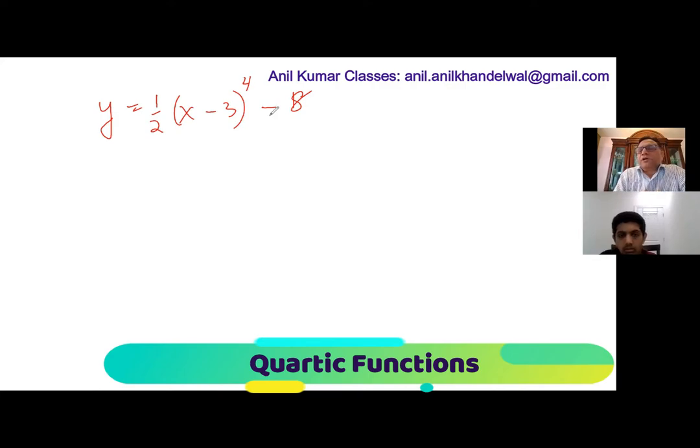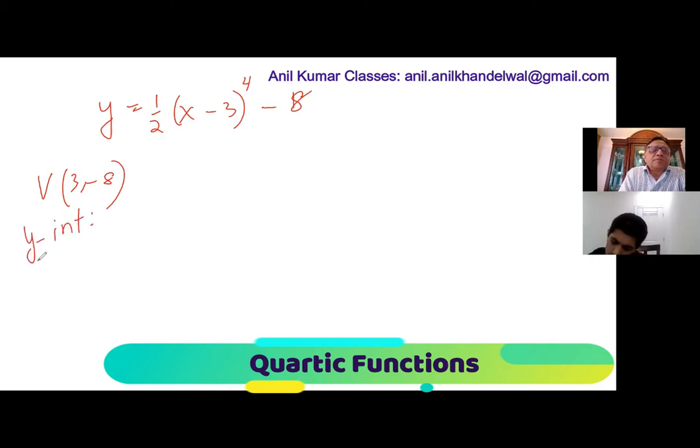What is the turning point? What are the x-intercepts? How will you find all that? Tell me. The turning point would be 3 comma negative 8, right? So the vertex will be 3 comma negative 8. Absolutely correct.